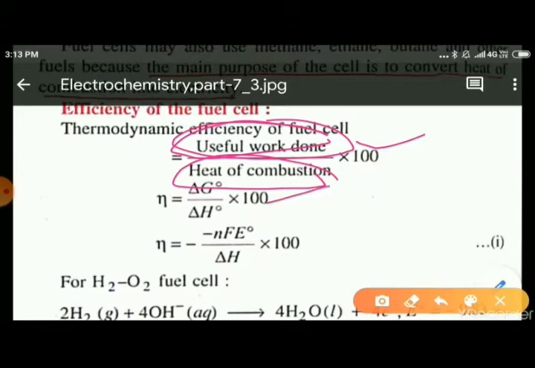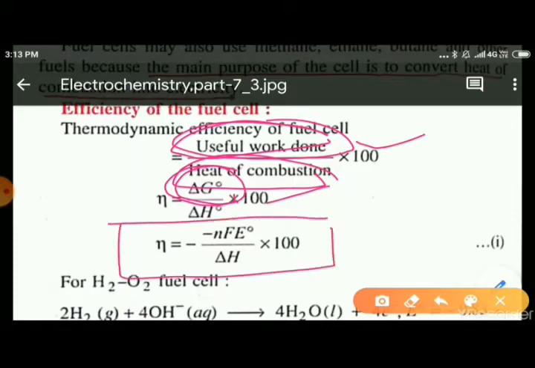As we know, the standard change in Gibbs energy is equal to minus nFE naught cell. So the final equation for efficiency is minus nFE naught cell upon delta H into 100.